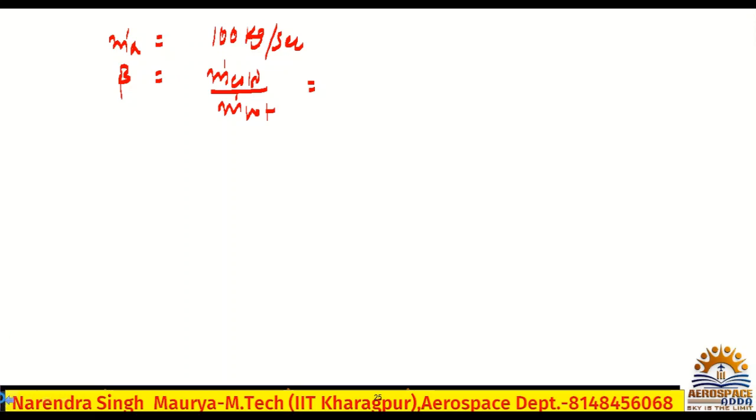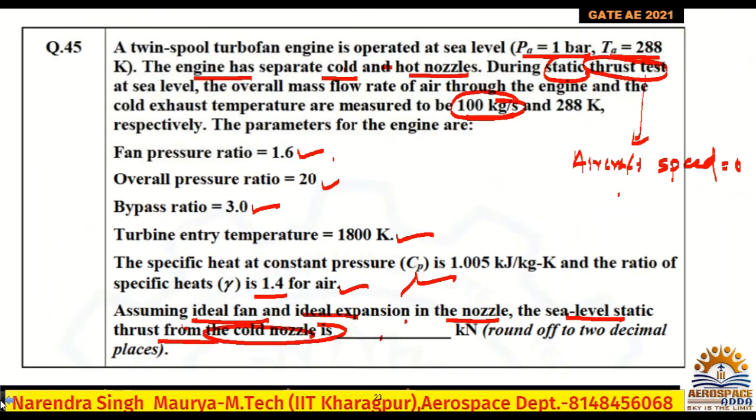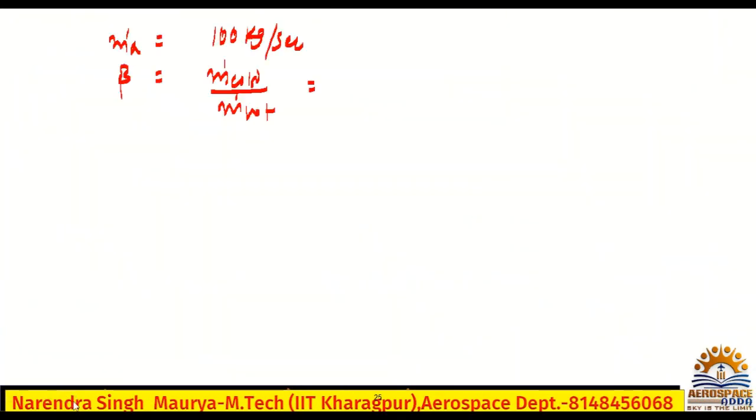It is given as 3. You remember m dot a is equal to m dot c, cold, plus m dot h, hot.